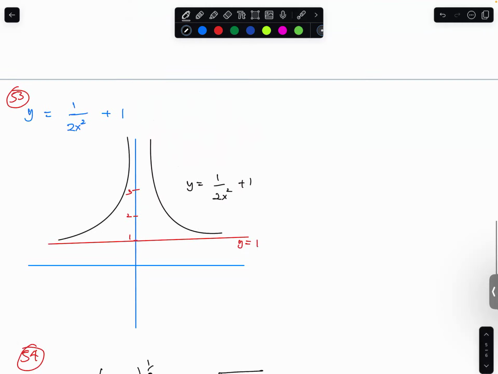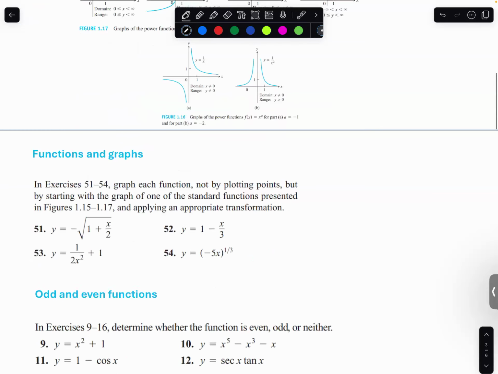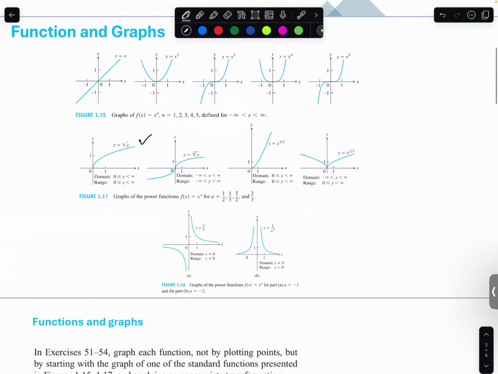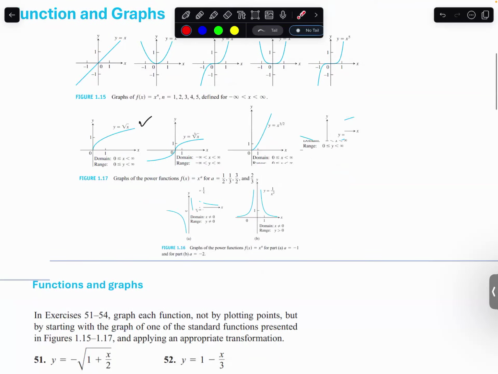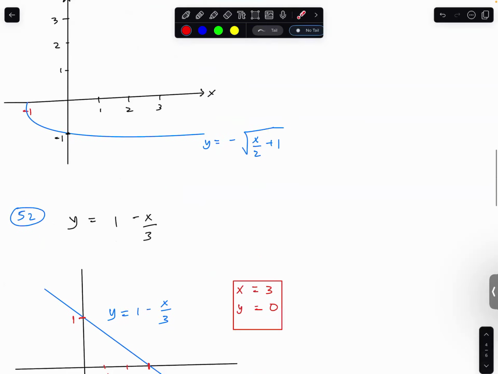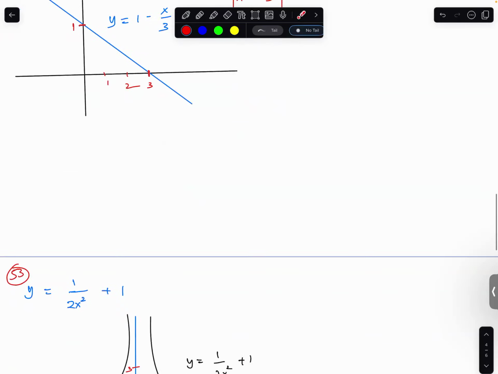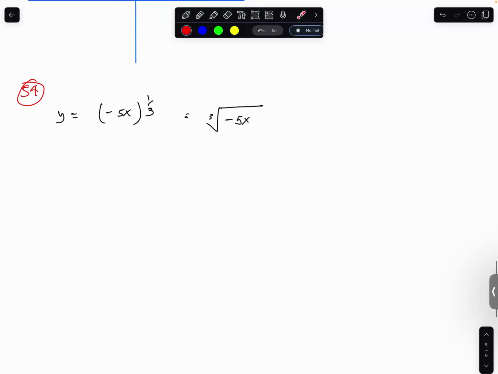So you can see from here, our basic graph should be a cubic graph, which is this, right? So we should take this as our basic graph. Let's sketch it.